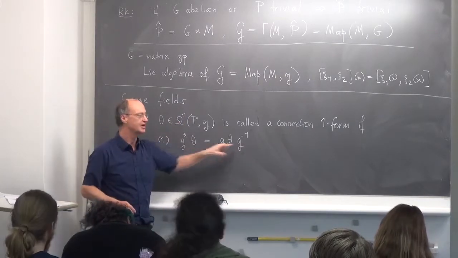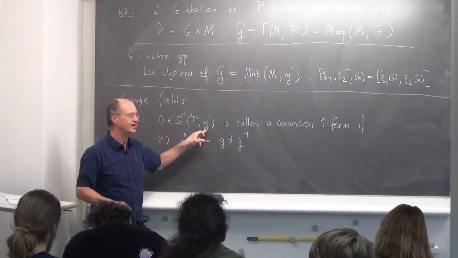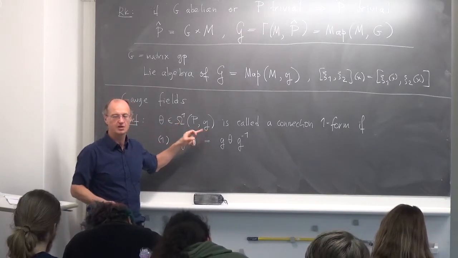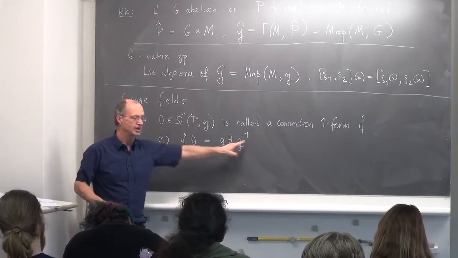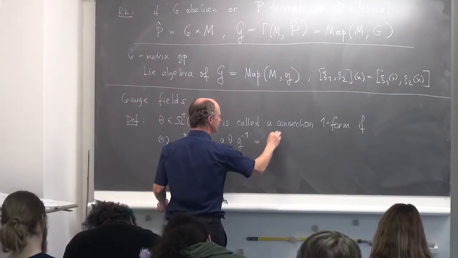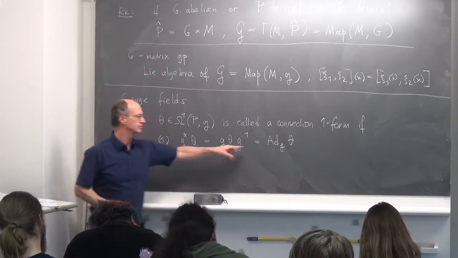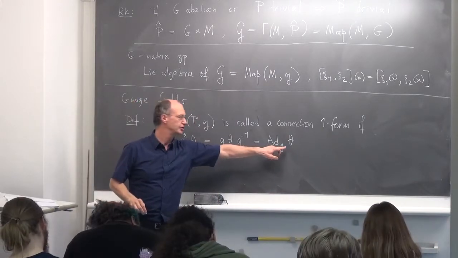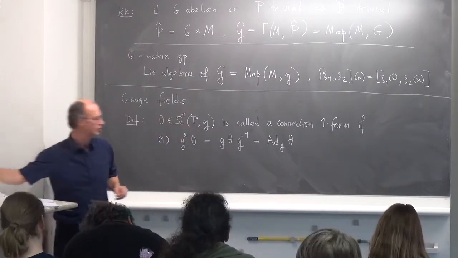On the right-hand side, I'm thinking of values. So this is a one form with values in the Lie algebra. And if I think of my Lie algebra as a matrix Lie algebra, I can conjugate the resulting element. Or in more scientific notation, this would be the adjoint action of the group element g on the values of the one form.